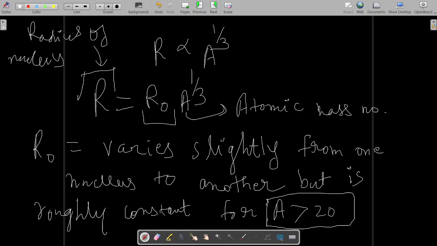For atomic mass number greater than 20, this R naught value is roughly a constant. But below 20 it varies, and after 20 mass number it will have roughly a constant value.